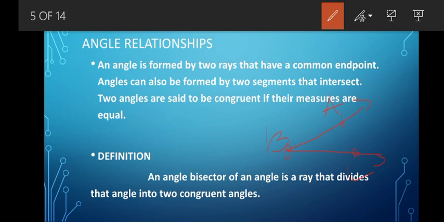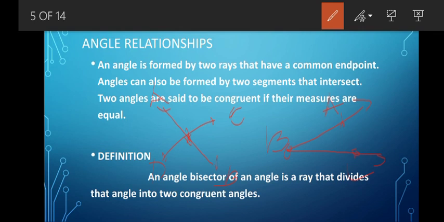Another angle can also be formed by two segments that intersect. So meaning like this, two segments, segment AB and segment CD. Two segments intersect at one point. This is the point where the two segments intersect.